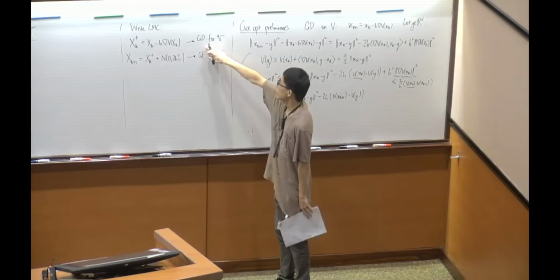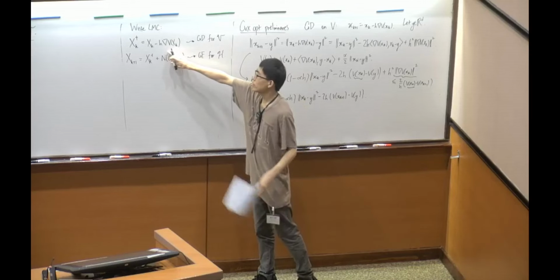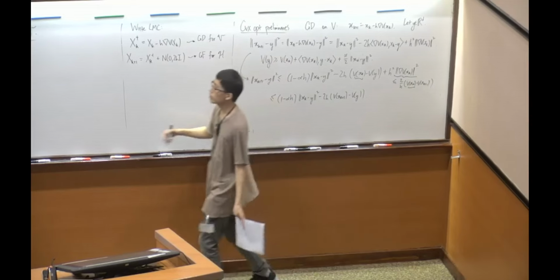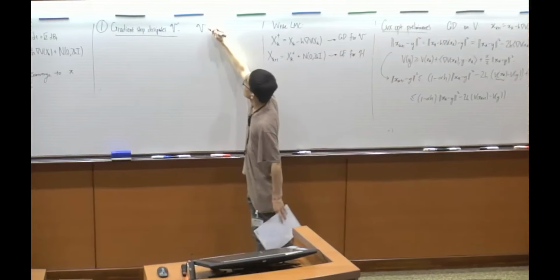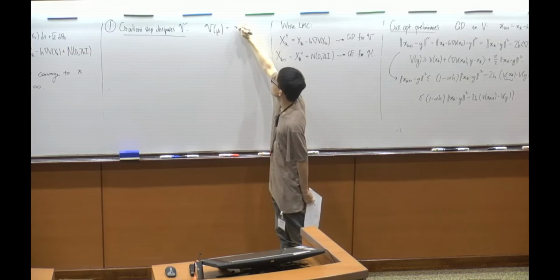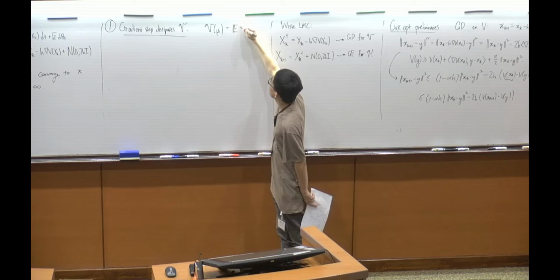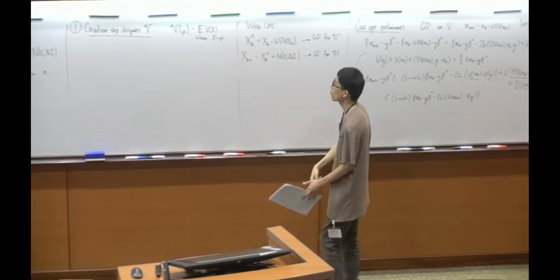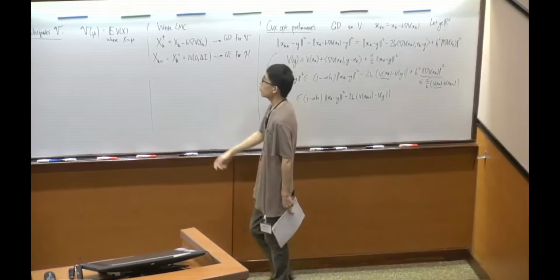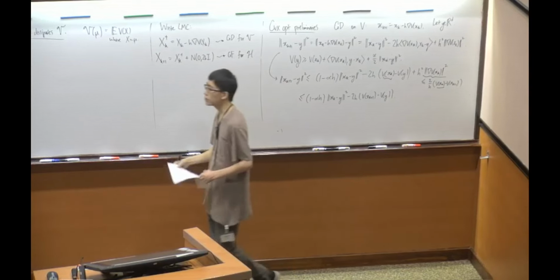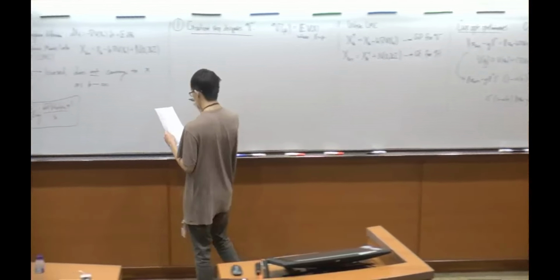Because this gradient step is nothing more than literally Euclidean gradient descent on the function V, and this potential energy over the space of measures is the same thing as the expectation of V of X, where X is a random variable drawn from mu. So step 1 is just taking what we did for Euclidean space and taking expectations. So let's see how that goes.